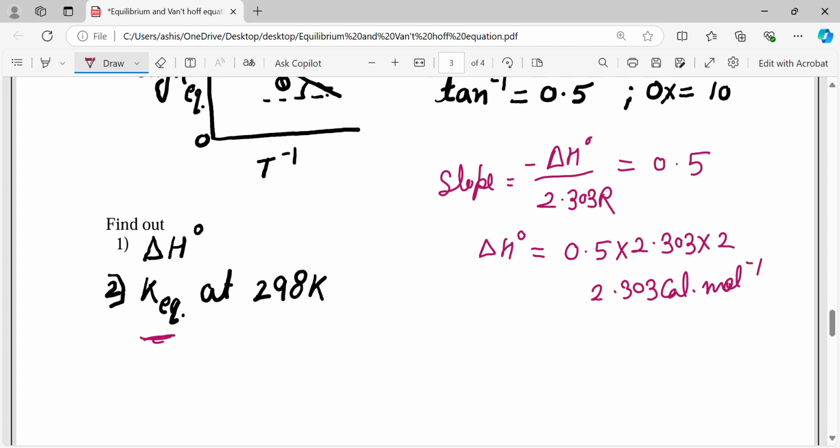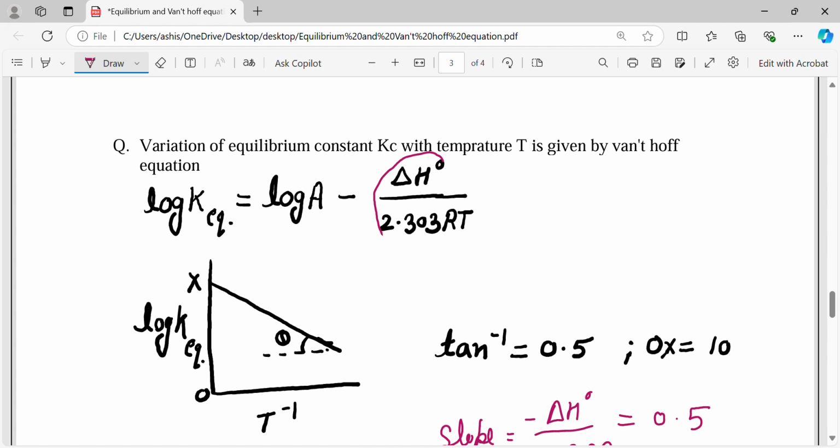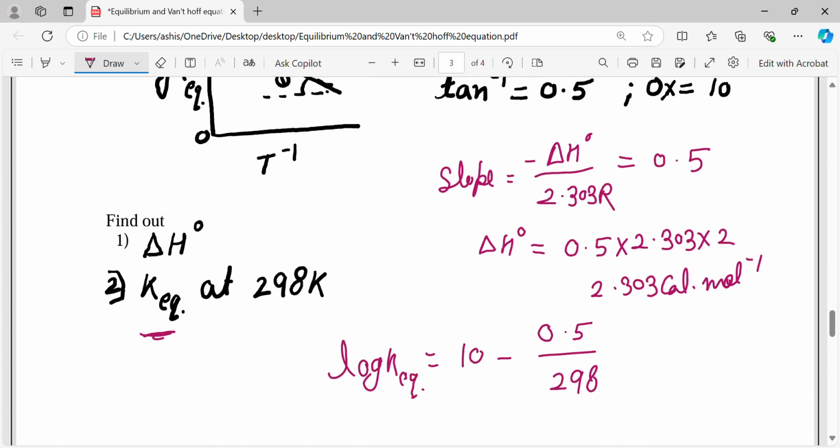Our equation is log K equilibrium is equal to 10 minus 0.5 divided by 298, because delta H naught upon 2.303 R is the slope, which is given as 0.5, and T is given as 298, and log A is given as 10.